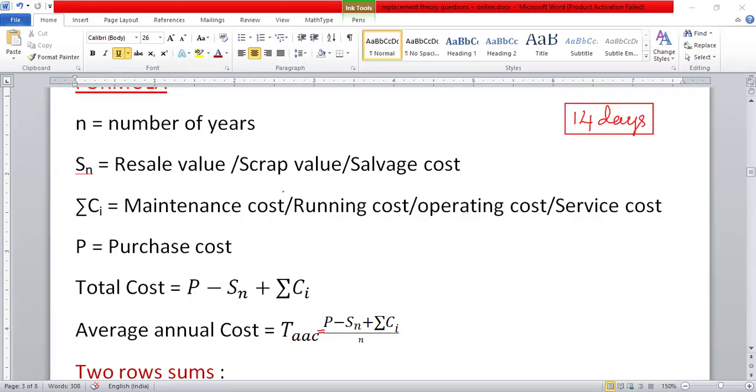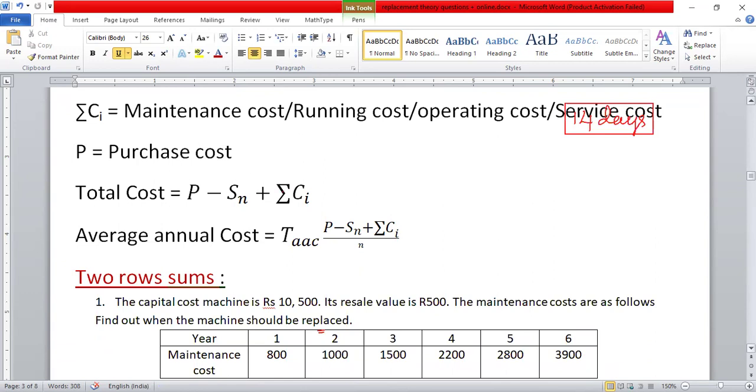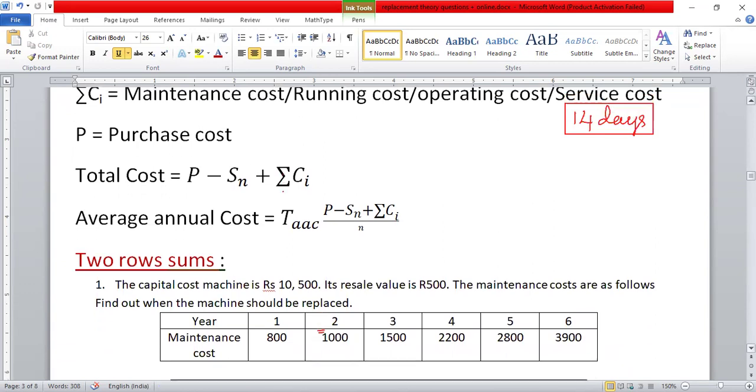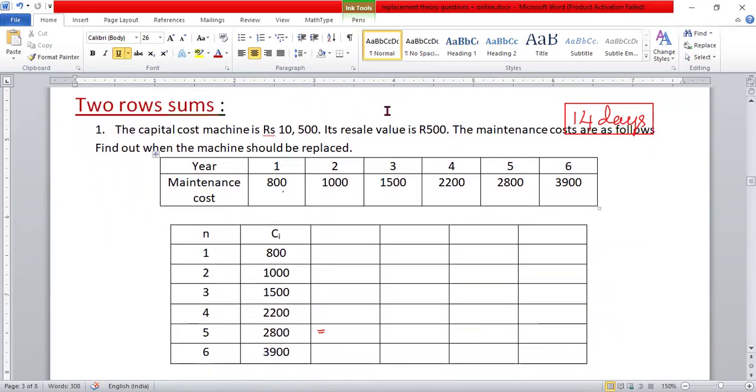Here we have 2-row sums and we have 3-row sums also, right? Important one. All of you copy question number 1, a 2-row sum.